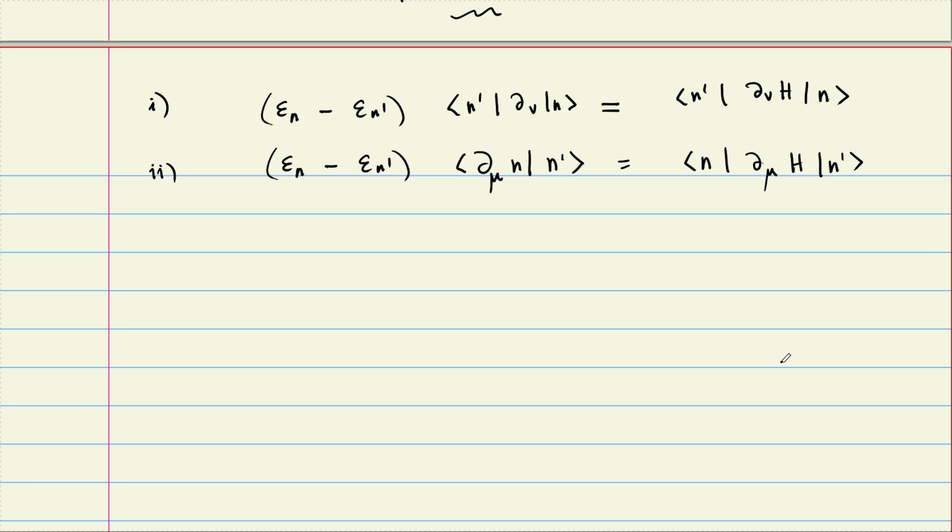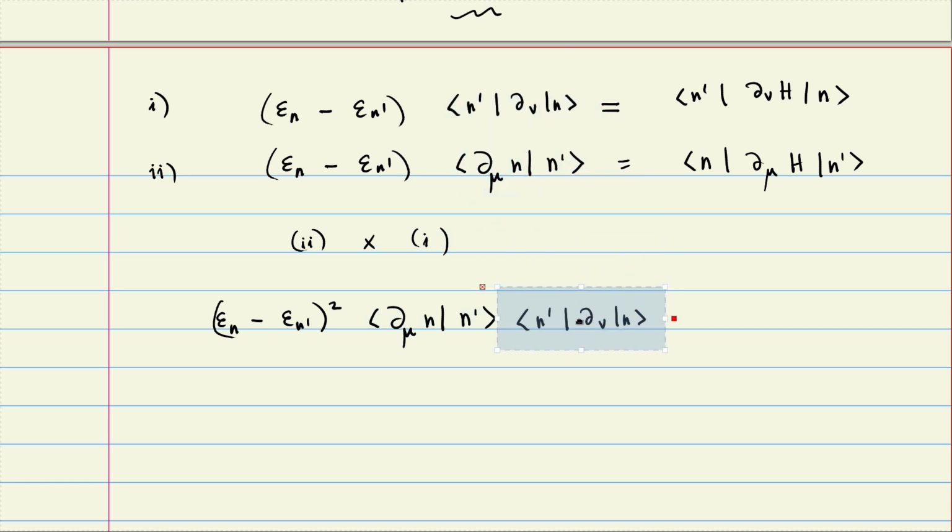This is n prime, this is n del nu, okay, and now I want to take the product I times I and get the result. So this is going to be En minus En prime squared, this thing times this thing is equal to, and now I want to write this as del mu h.